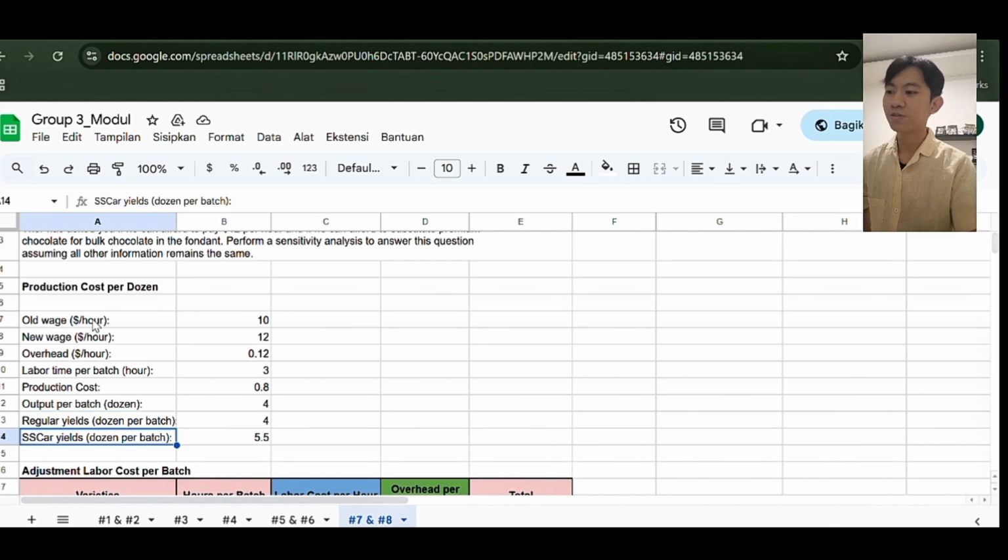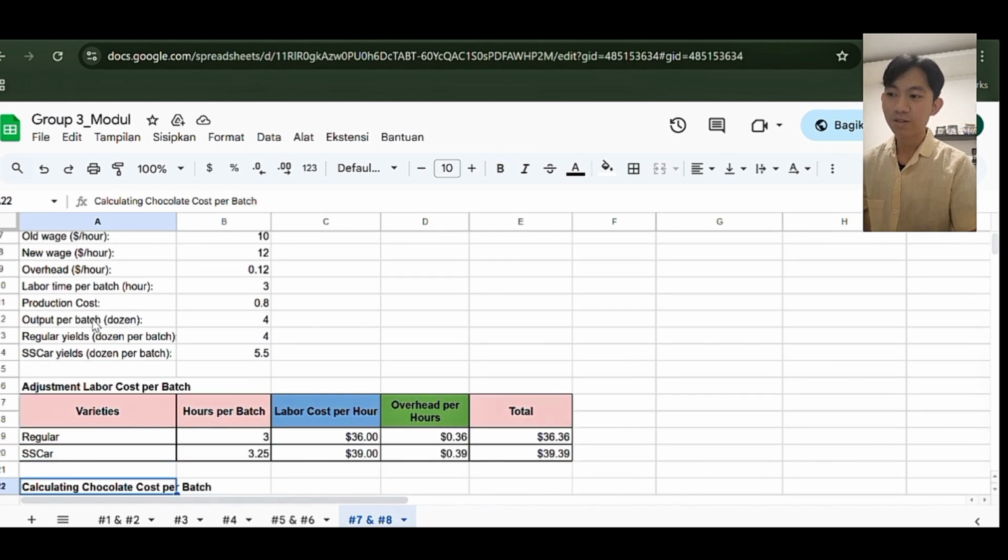First of all, we adjust the labor cost per batch. For regular, it is 3 hours per batch, so labor cost would be $36, because 12 times 3. Then overhead is 0.36, and the total is $36.36.